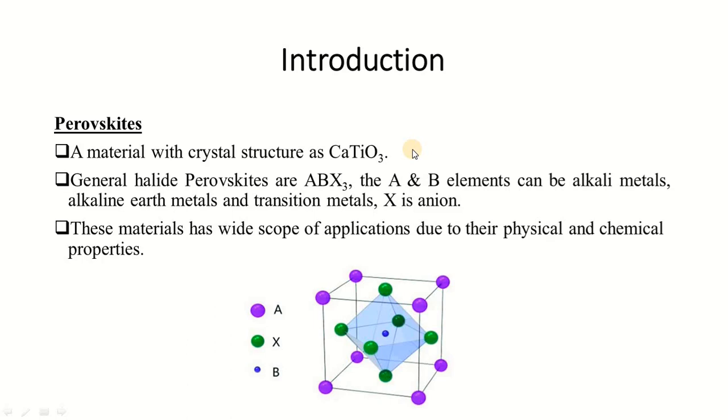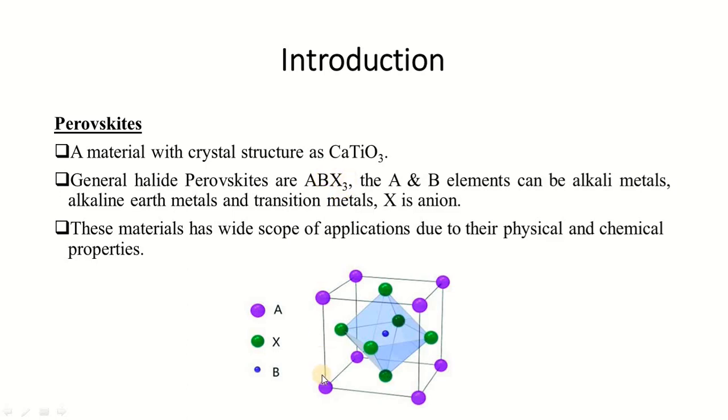So the most common type of perovskite is the general halide perovskite, having the chemical formula ABX3, in which A and B elements can be metallic cations, which can be alkali metal, alkaline earth metal or transition metal, and the X atom represents the anion.